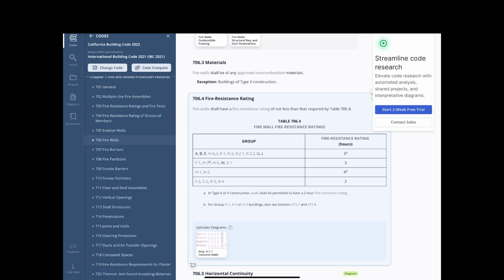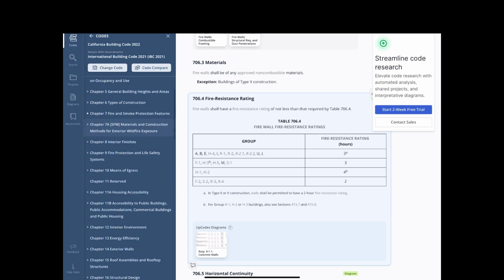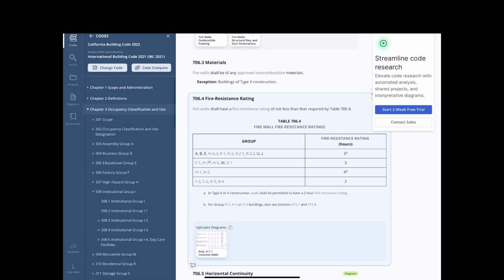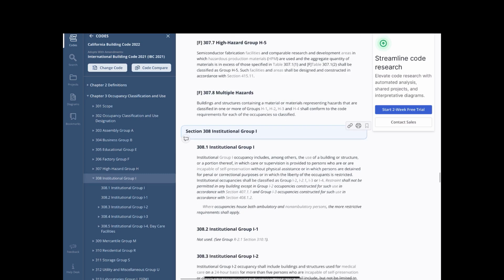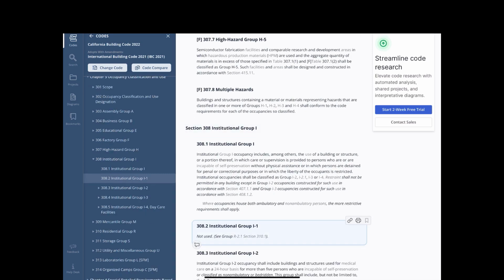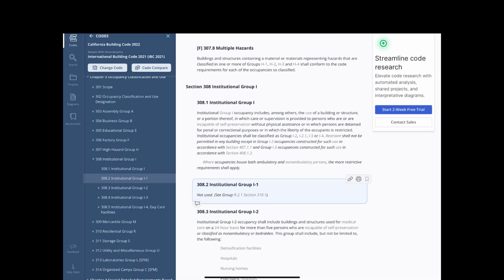Again, first thing we want to do is just go to chapter 3 and figure out what is the type of I occupancy subgroup for this facility. Let's go through each one. I1, we know that I1 from reviewing part 2 of this video. I1 is for persons in a facility under constant 24-hour supervision, but they're able to assist themselves without any help in case of an emergency.